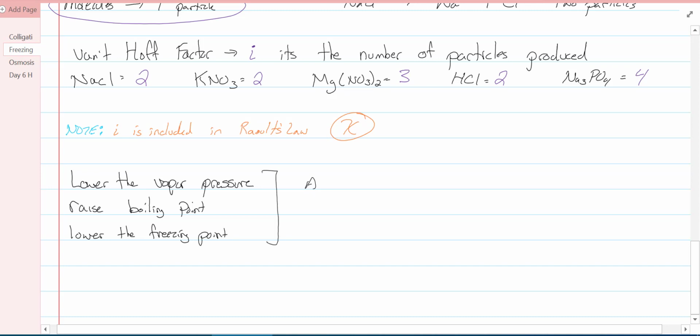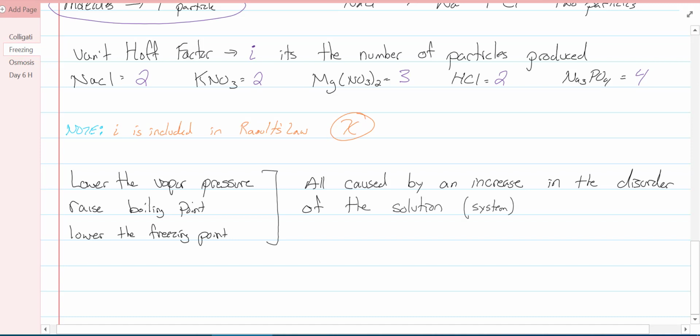And these are all caused by an increase in the disorder of the solution, which is a system, which means that, again, it's this word again, entropy driven. Alright, that'll come up later.